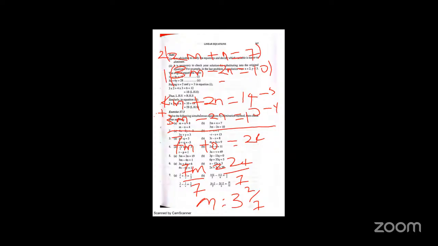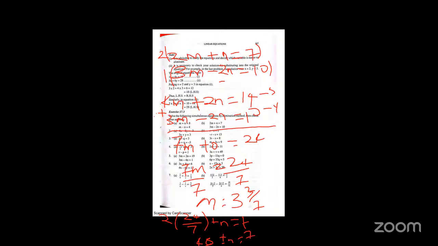So we'll be able to have 2 times 24 over 7, which is 48 over 7, plus n is equal to 7.